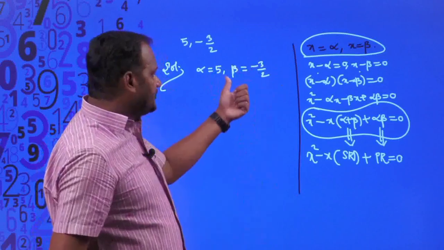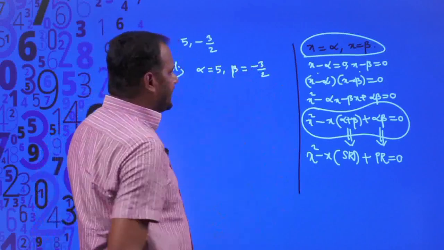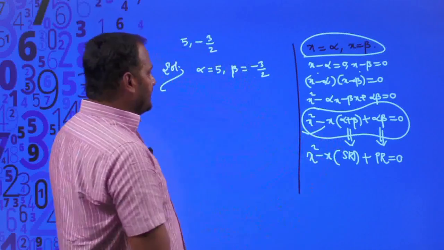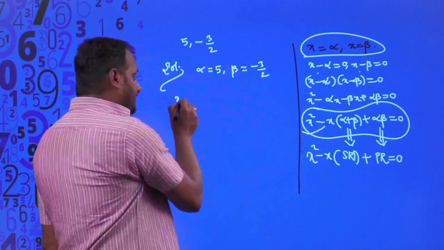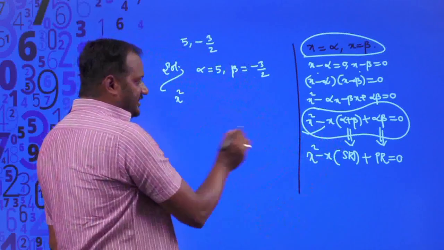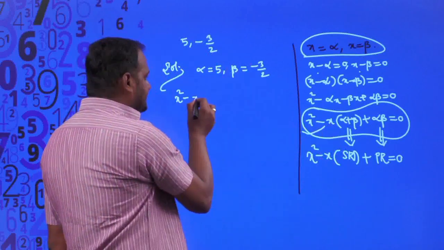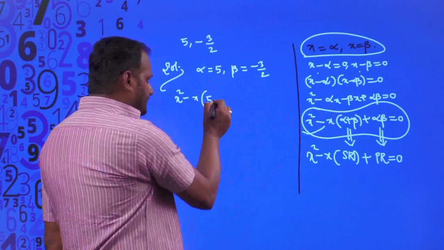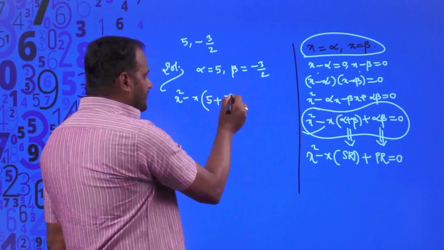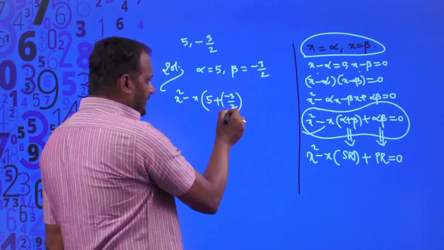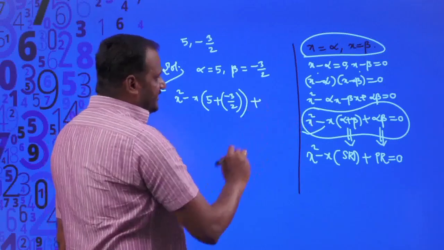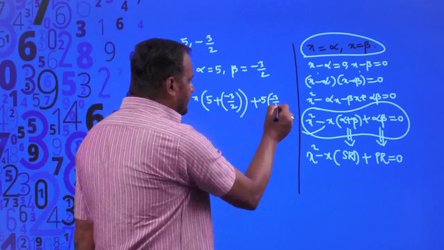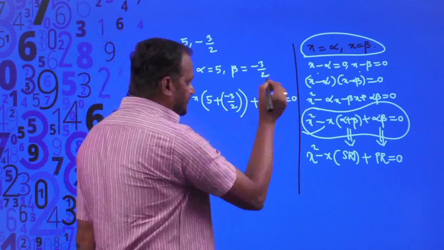Directly you can substitute alpha equal to 5 and beta equal to negative 3 by 2 in this equation. Then your required quadratic equation will become x square minus x into (alpha plus beta), alpha is 5 plus beta is negative 3 divided by 2, plus alpha into beta, 5 into negative 3 divided by 2, which is equal to 0.